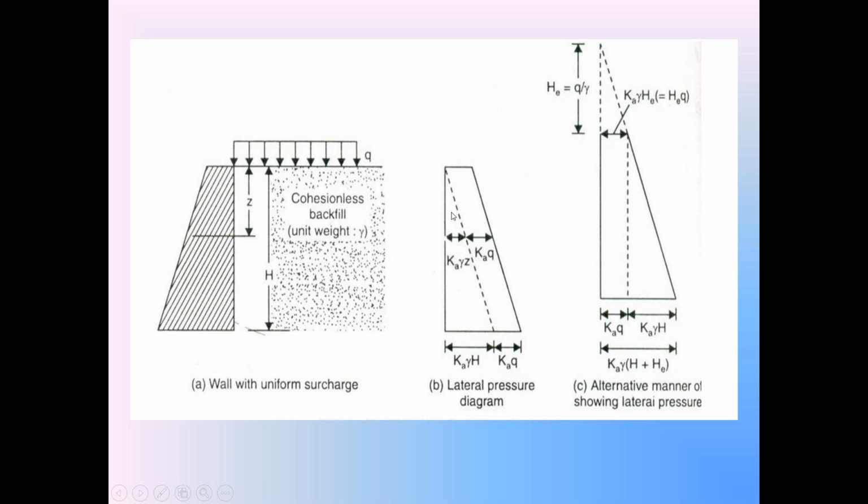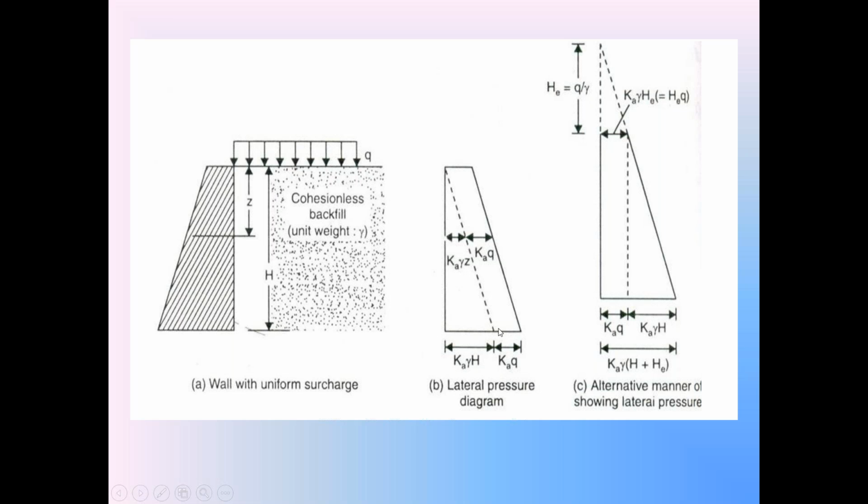Active earth pressure distribution at the top of the backfill, Z is equal to 0. When Z is equal to 0, the active earth pressure Pa is equal to Ka into Q. And at the bottom of the retaining wall, where Z is equal to H, the active earth pressure is Ka into Q plus Ka into gamma into H.